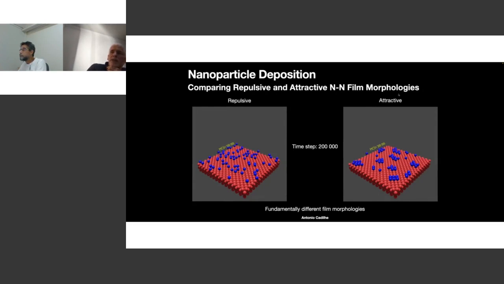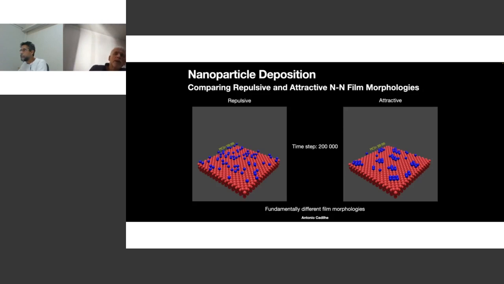If they are attractive, they start far apart, but they start forming clusters. It's a very different perspective from the repulsive case. So the morphology on the left side is quite different from the one on the right side.